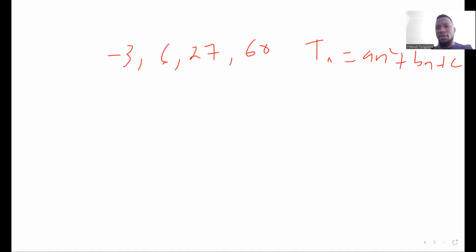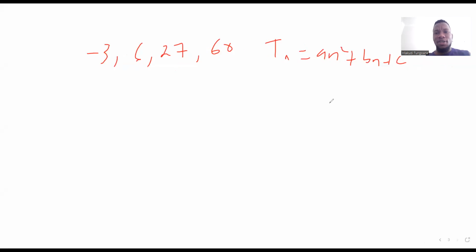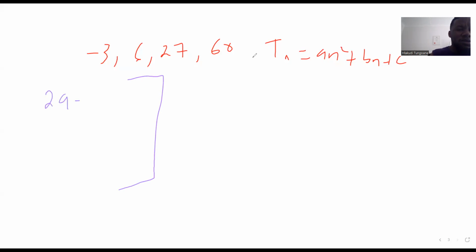For us to determine the Tn formula, we need to solve three equations that we've discussed, right? Remember the three equations. 2a must equal the second difference.